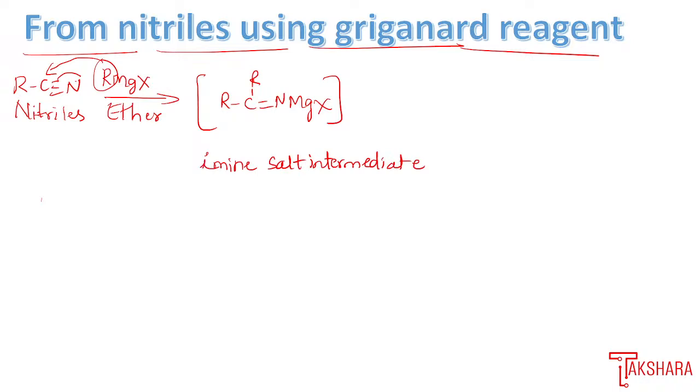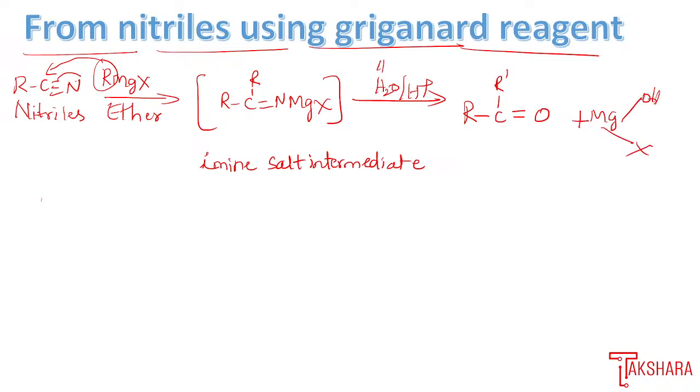The imine salt intermediate, when it undergoes hydrolysis, gives the product RCR' with double bond O, along with MgOHX.